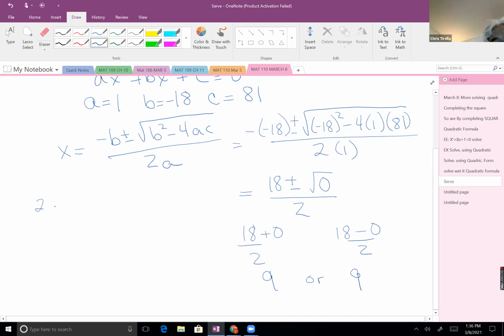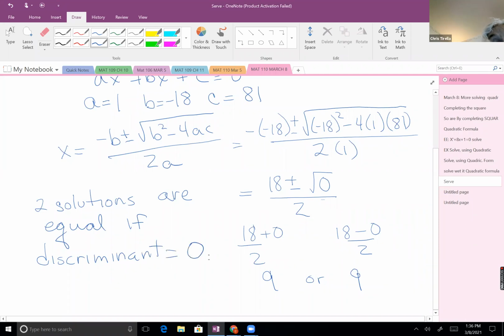And so the two solutions are equal to the same number if what happened? The discriminant was 0. So in terms of nature of the root, if the discriminant is 0, our two answers are the same.